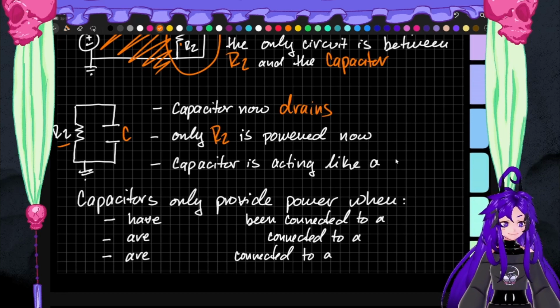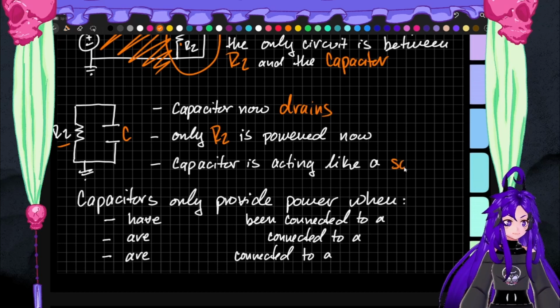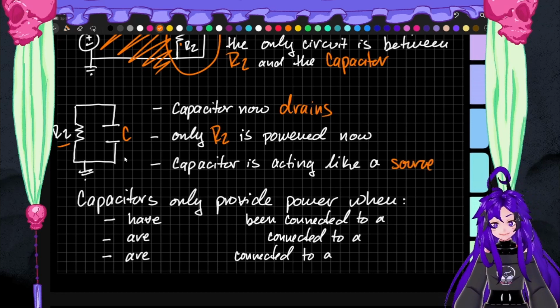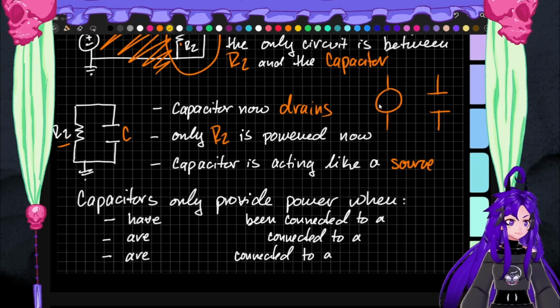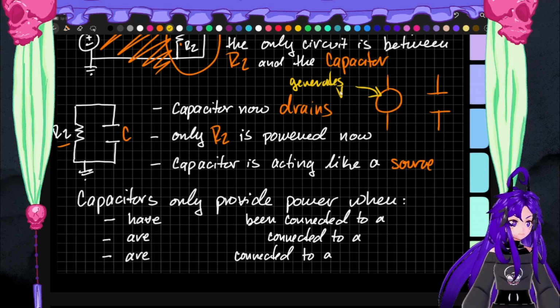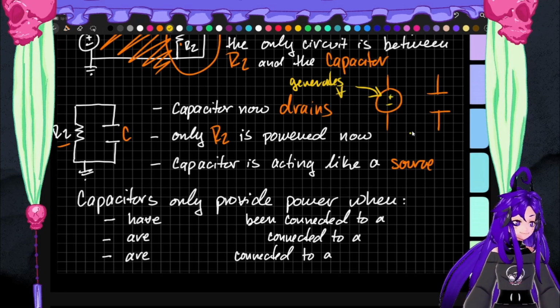In this case, the capacitor is acting like a source. It's not a source, okay? I know that that's going to be a weird distinction, but these are not the same type of devices. This one can generate voltage. This one stores voltage generated elsewhere.